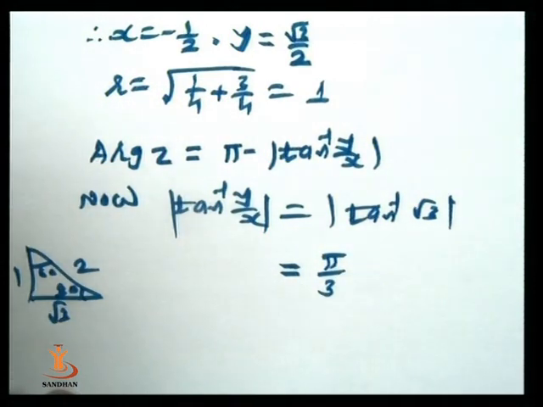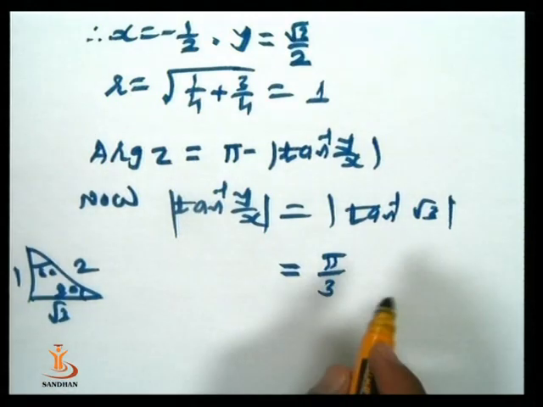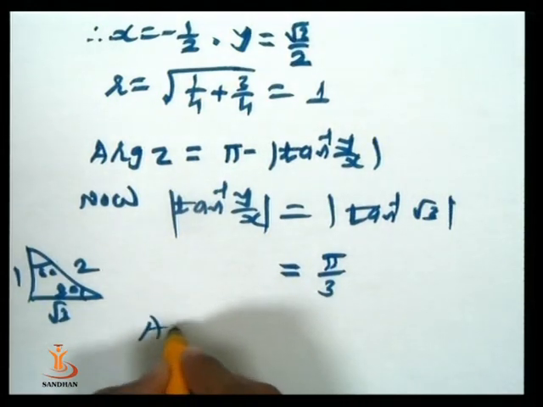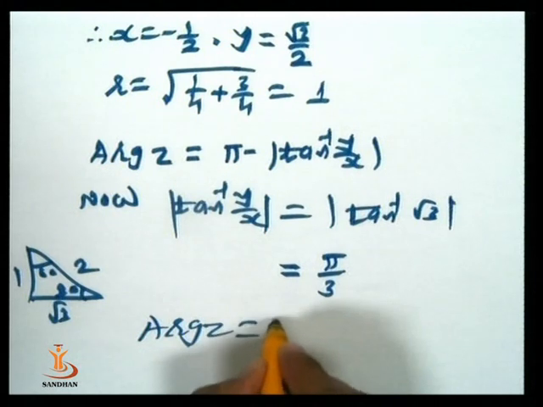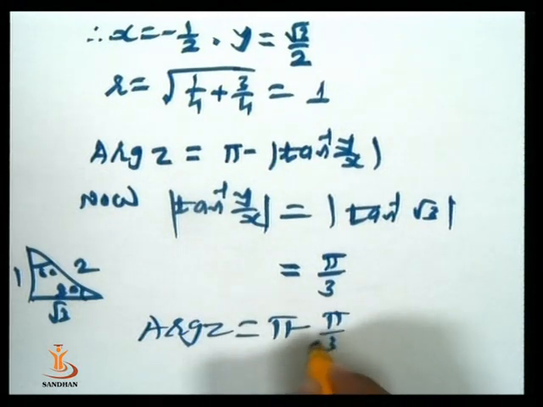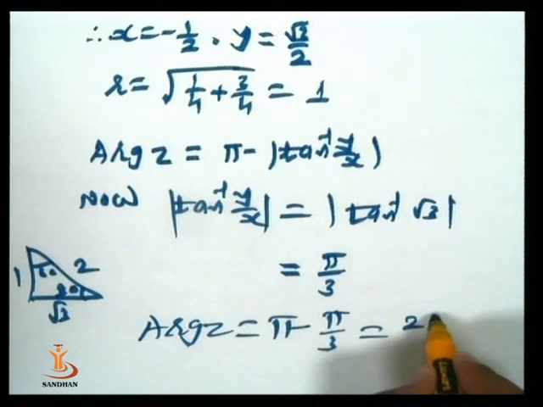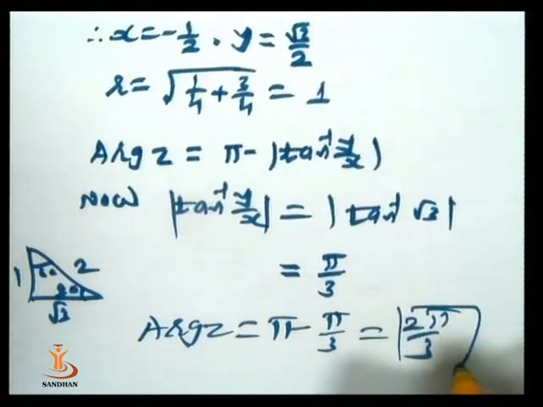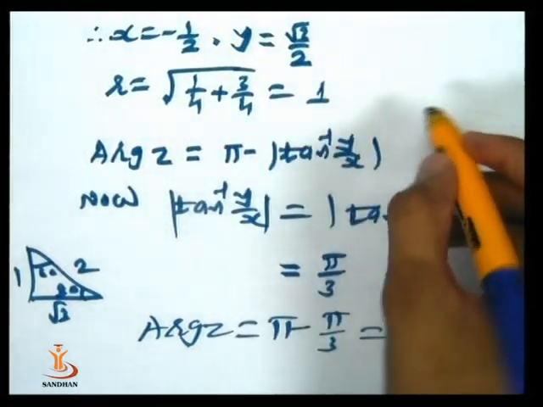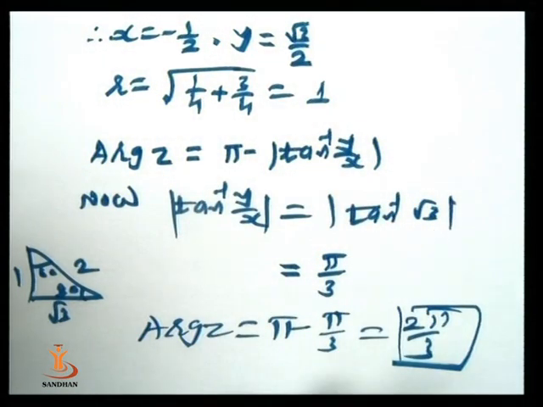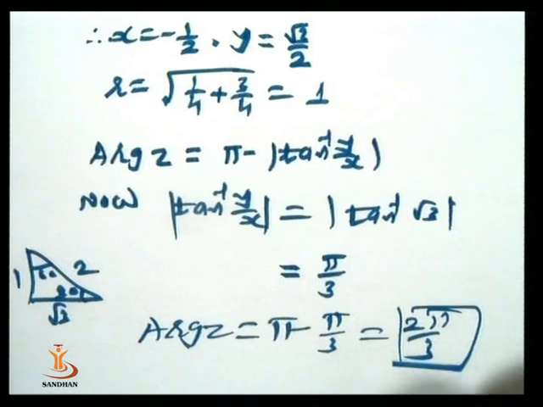Therefore the principal argument equals pi minus pi upon 3, that is 2 pi by 3. This is the principal argument of this complex number z, and the radius r equal to 1, and the principal argument is 2 pi upon 3.